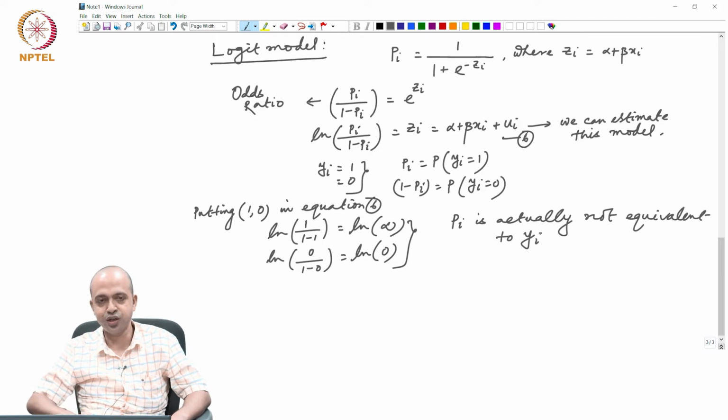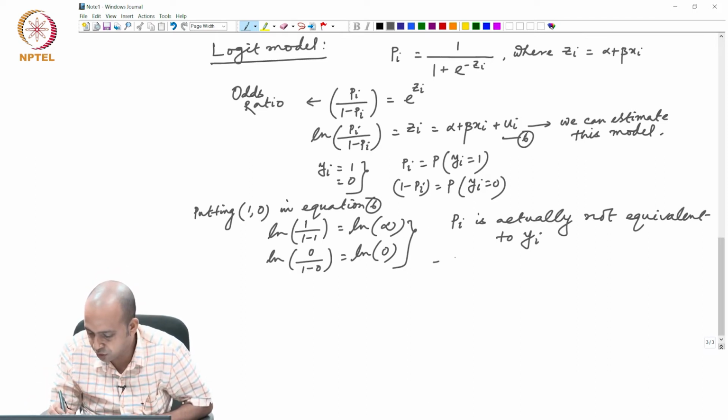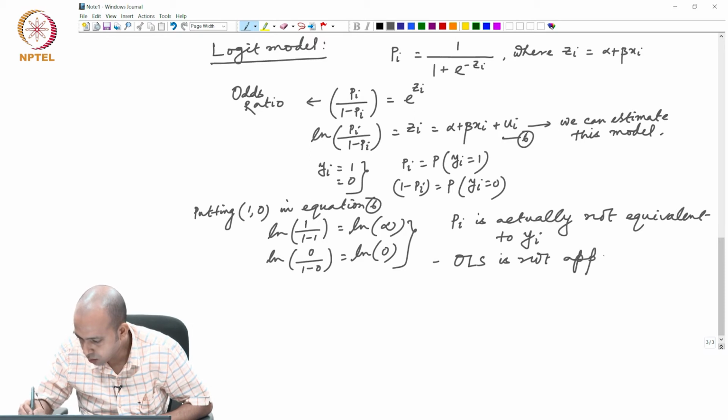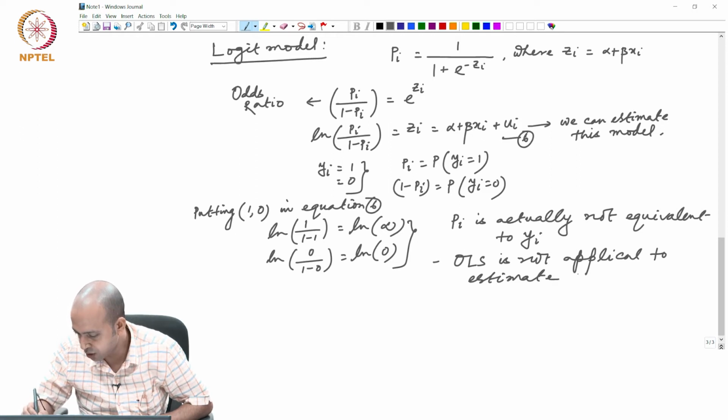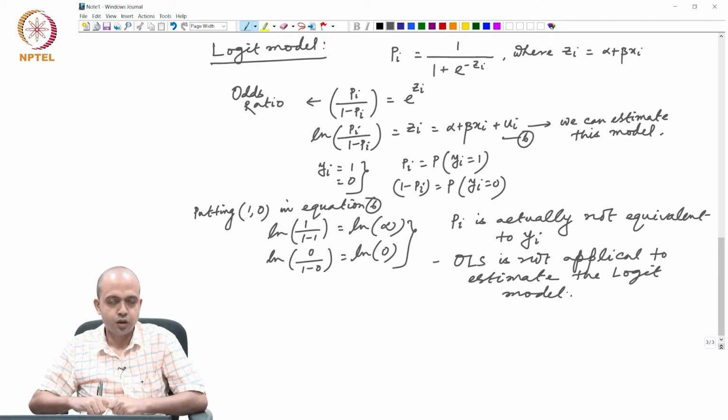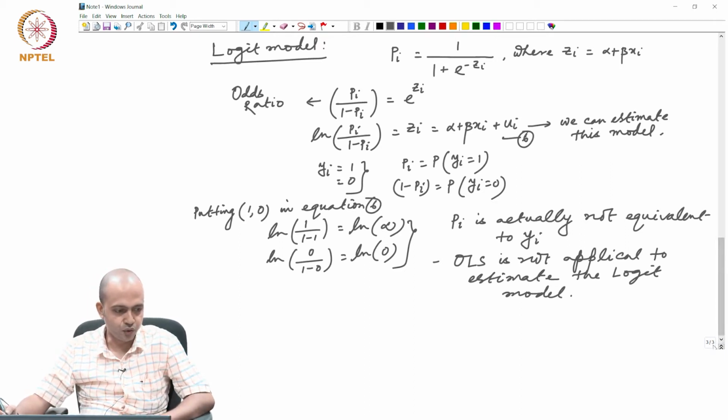So OLS is not applicable to estimate the Logit model. We need to take a different route, and what is that route? Let us discuss now.